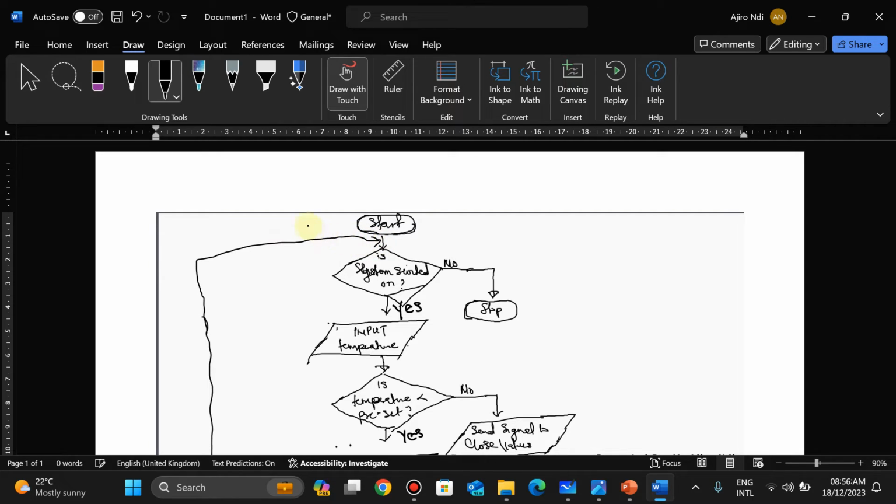Remember, when we looked at it, we say it's continuous. So it's a continuous process. So we have this here.